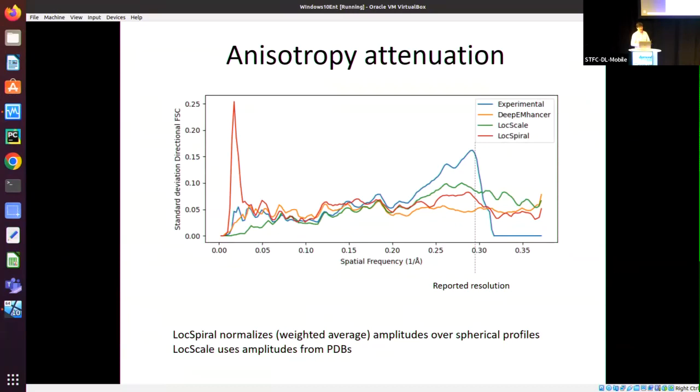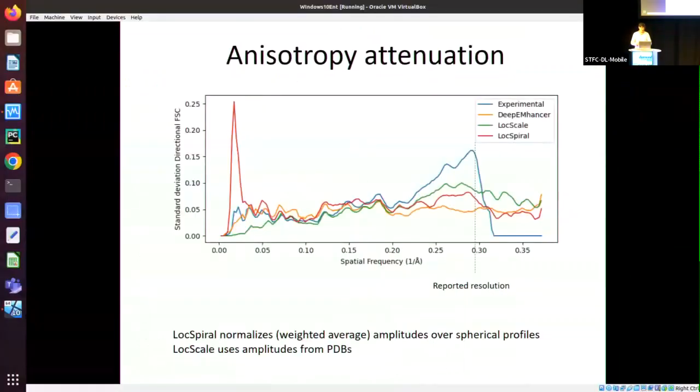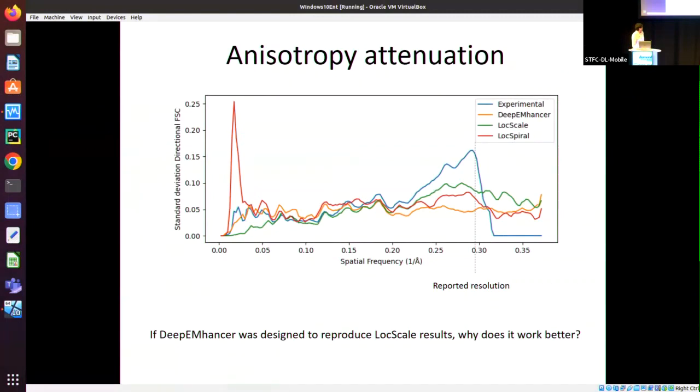But for the case of log scale, it seems a bit more simple, since log scale makes use of the atomic model in order to do the correction. So if you have an atomic model that by definition is not anisotropic, then it should be able to correct partially this anisotropy. But still, what is even more surprising to me is that DeepEMhancer, that in principle was trained to mimic this log scale behavior, is able to do better than log scale.